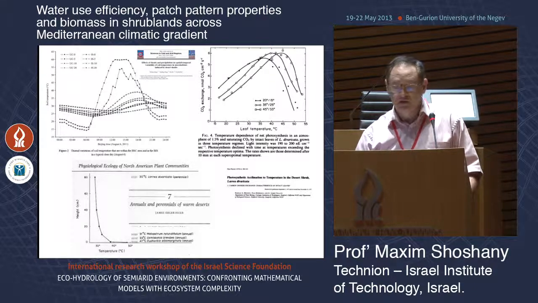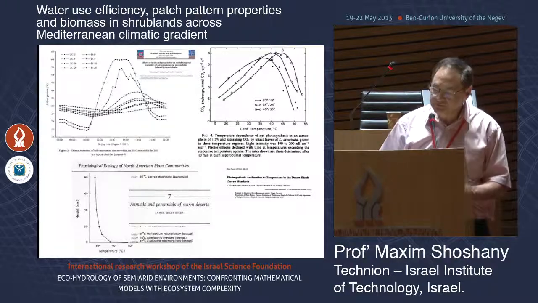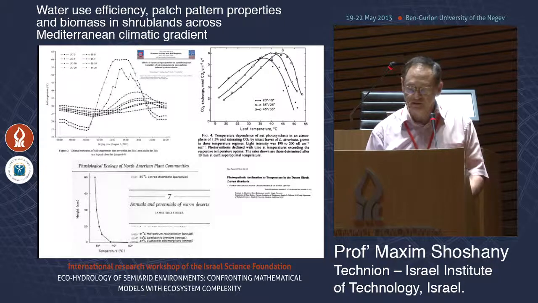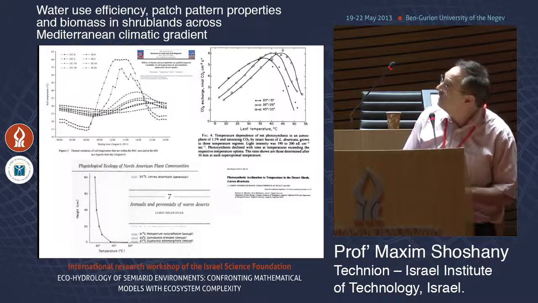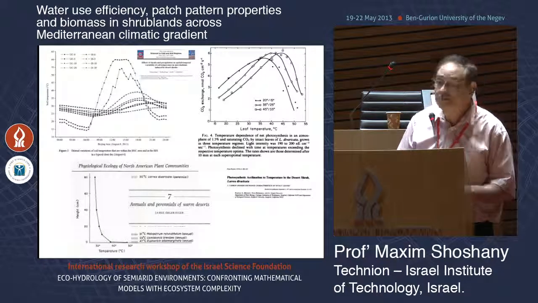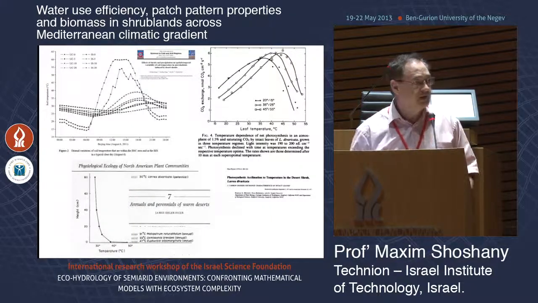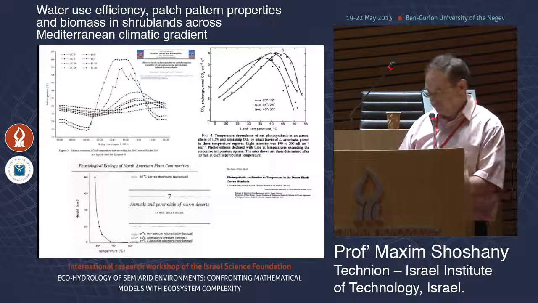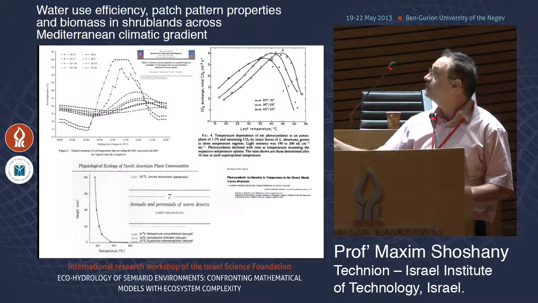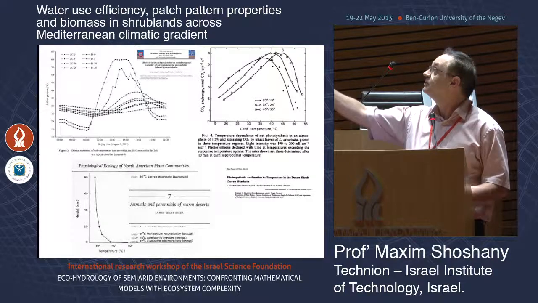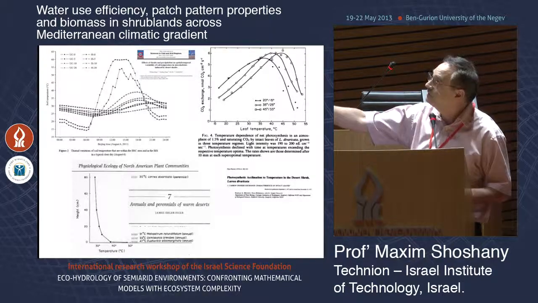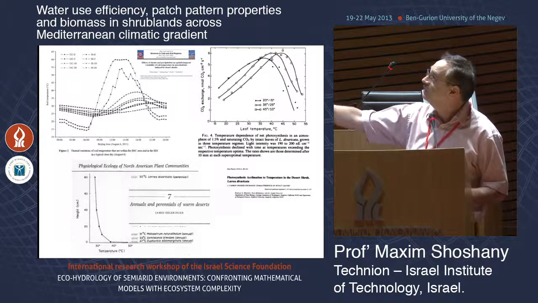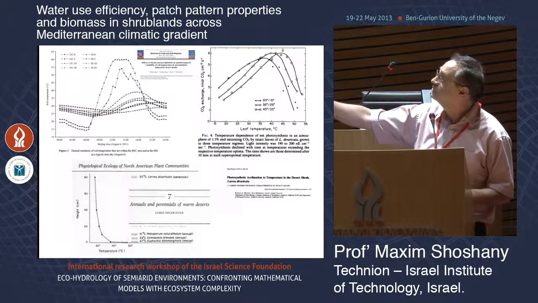So let's look at some basic information regarding the changes across the edge. If you take the temperature under the shrubs and the temperature in the inter-shrub soil, you can see here the temperatures during the day of the inter-shrub and then under the shrub.